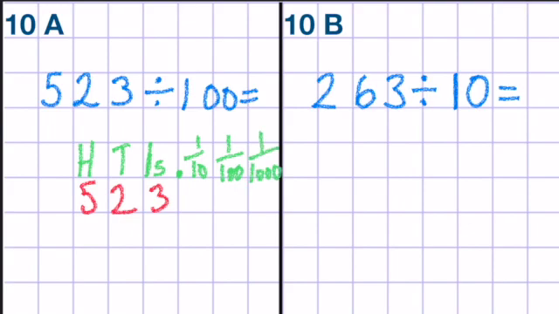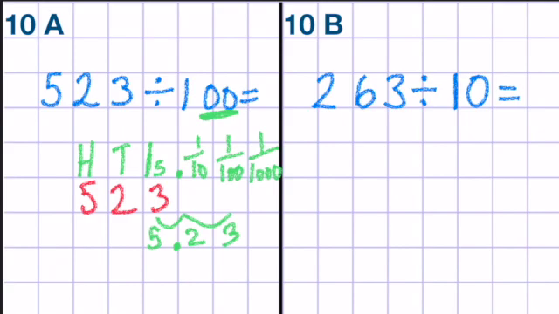So when we divide by 100, there are 2 zeros, and we're dividing, so the number's getting smaller. The digits move 2 places right. So my 3 is going to go 1, 2. So a 3 goes here, 2 goes here, and a 5 goes here, and I put my decimal point. So 523 divided by 100 is 5.23.